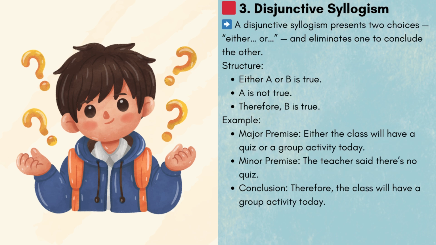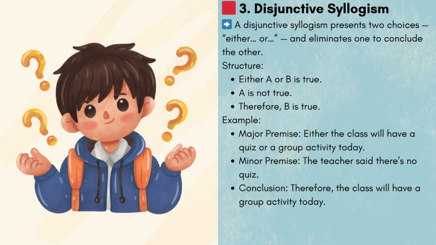And then the last part is a disjunctive syllogism. It presents two possible choices or alternatives using the phrase either-or. It then eliminates one option to logically conclude that the other must be true. So it also has three parts.